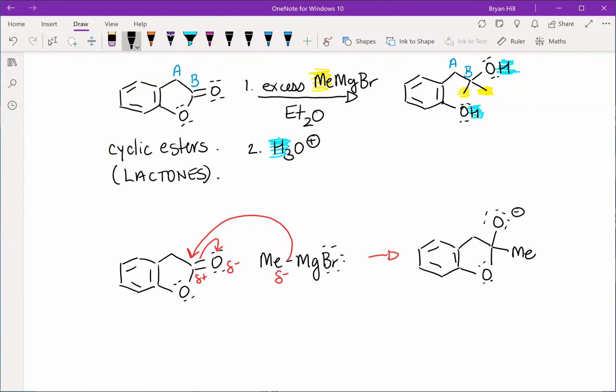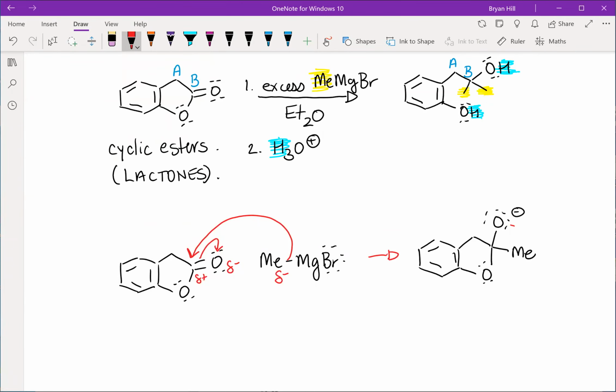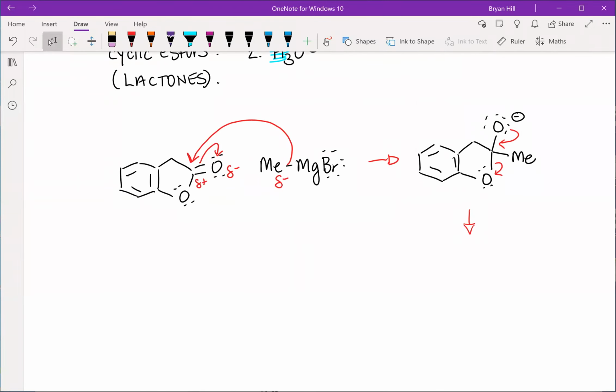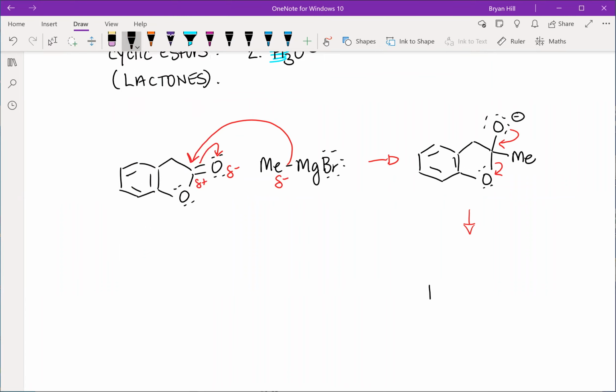Next step, this tetrahedral intermediate is going to break down, and this is going to generate a ketone plus the phenolic anion here, the phenolate, I guess.